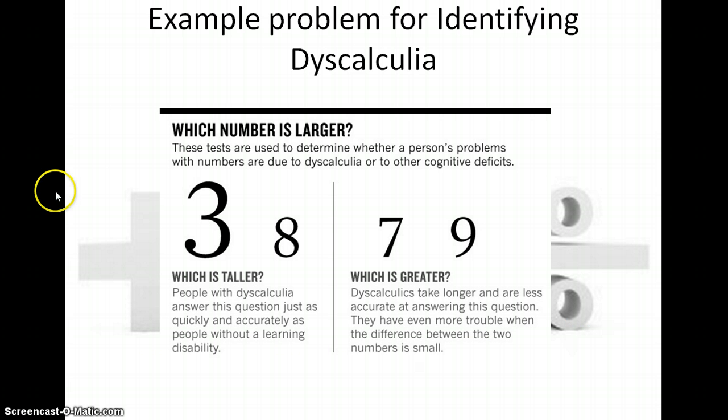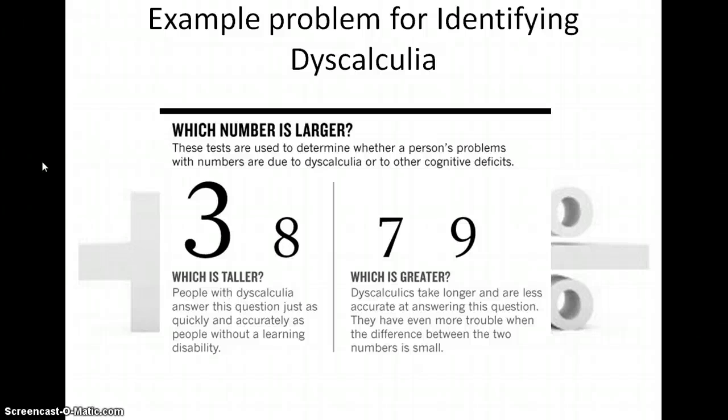Here's an example of the kind of problem that a student who you might think has dyscalculia will look at on one of these tests to determine if they have it or not. And it's pretty self-explanatory below here. Obviously, the 3 is taller than the 8, and the 9 is greater than the 7.